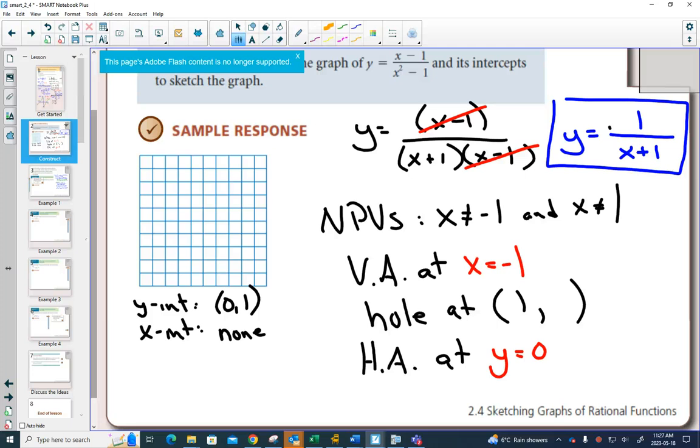Okay? We still need to find the y-coordinate of our hole, and you find the y-coordinate of your hole by plugging in the non-permissible value into your new equation. It isn't hard to calculate now, it's 1/2. So we graph.